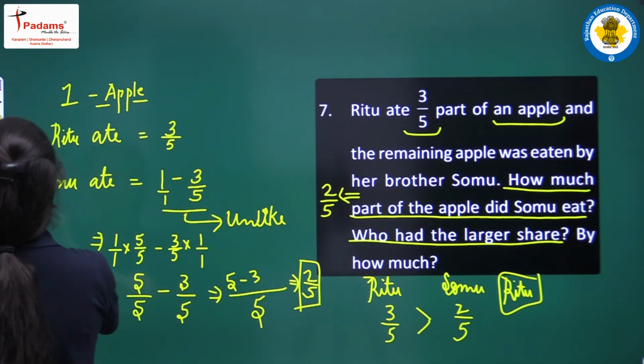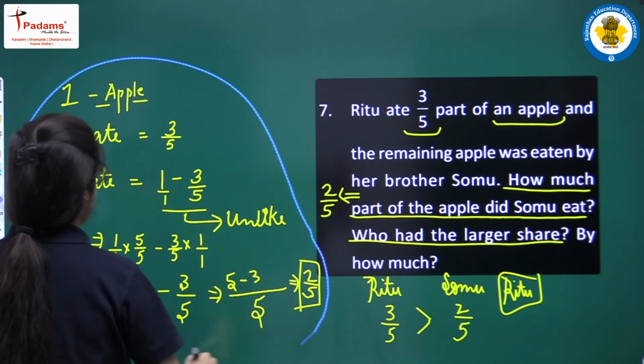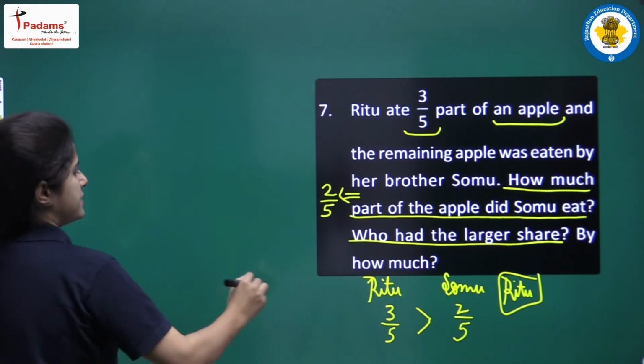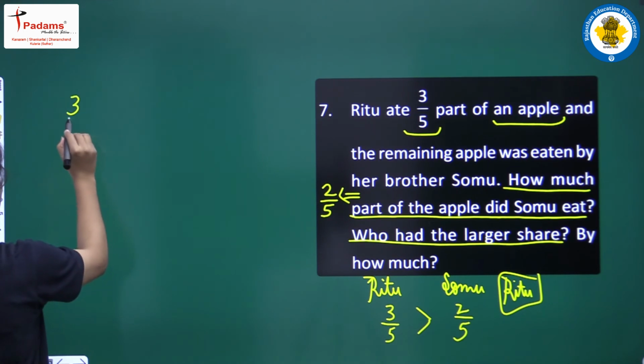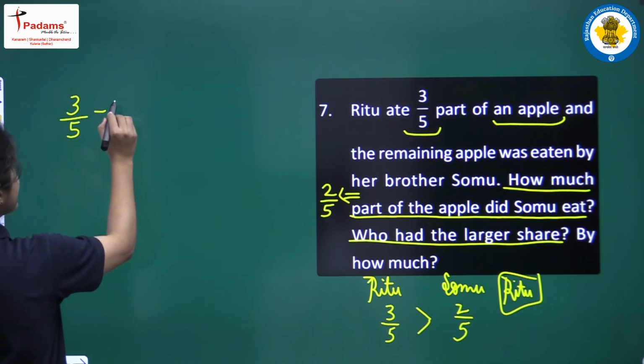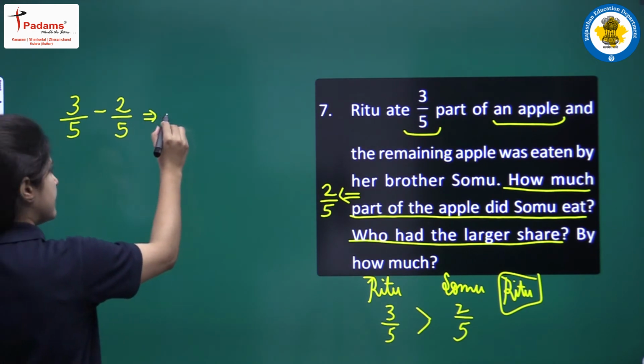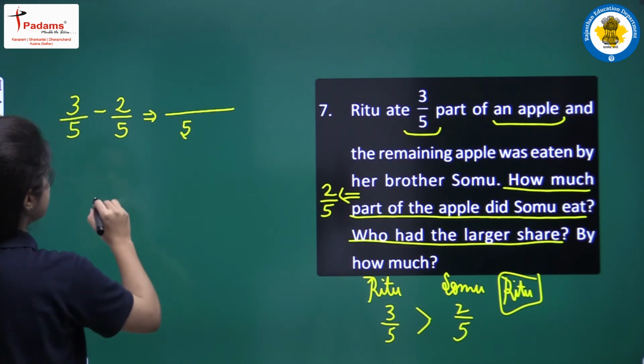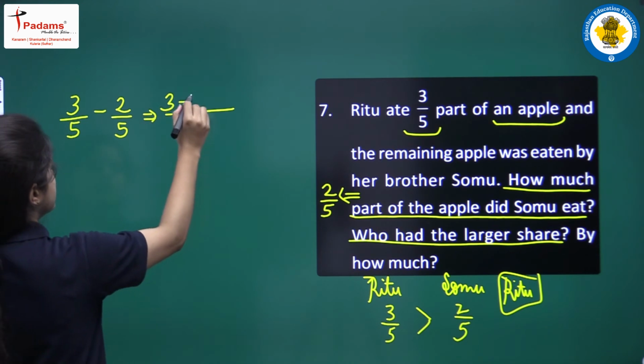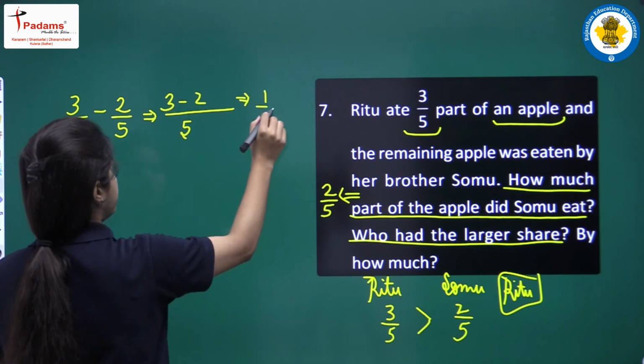Alright students, now how can we find that out? Basically, Ritu is having 3 upon 5th share, whereas Somu is having 2 upon 5th share. Denominators are the same, so we can clearly use the operation of subtraction. So 3 minus 2, that is 1 upon 5.